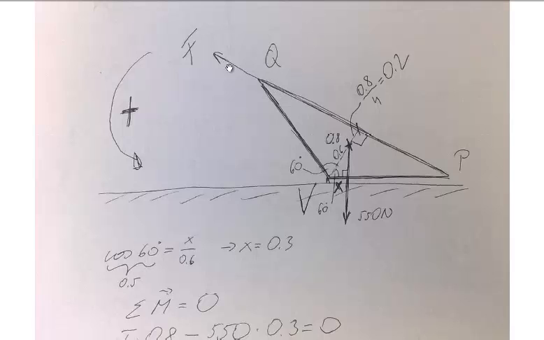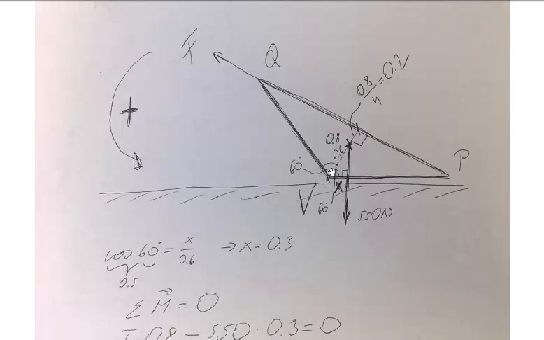Here is F, the weight, and actually here is the normal force. Its moment is 0. This is 1/4 of height, so it's 0.2.